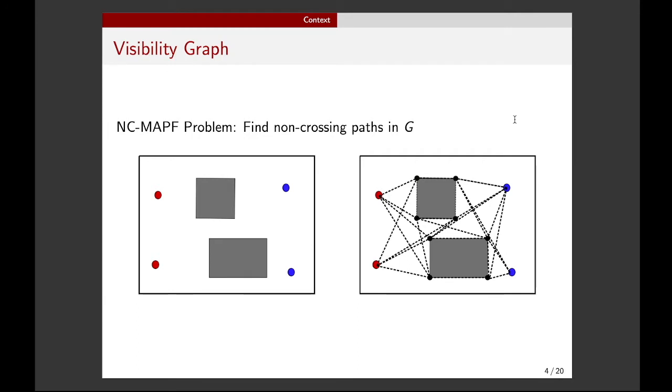The algorithms used to solve the classic MAPF, like CBS, are not suited to solve our problem because this approach is efficient only when conflicts are easily resolved by small modifications to the path. However, that is not the case here. If each time we resolve the conflict by sequentializing the motion of robots, then the makespan will be dramatically increased. So, our strategy is to find a non-crossing path in the graph.